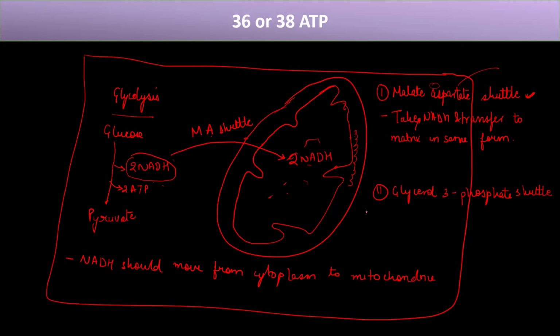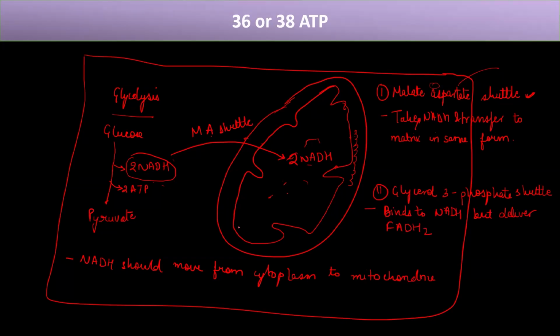But in the second case, what happens? This is the glycerol 3 phosphate shuttle. If this shuttle gets involved, then it binds to NADH in the cytoplasm, but instead of NADH, it delivers FADH2 in the mitochondrial matrix. How it does so is not important for now.